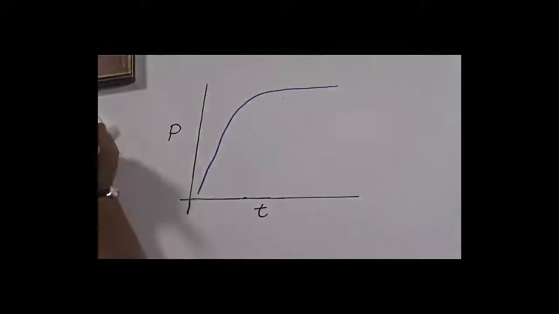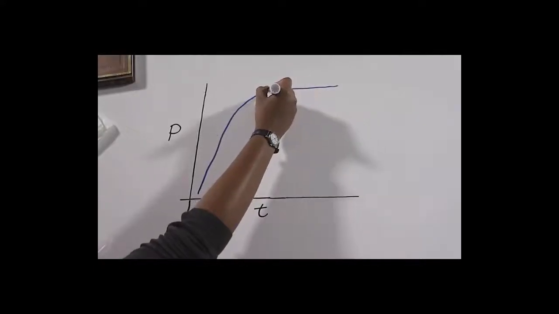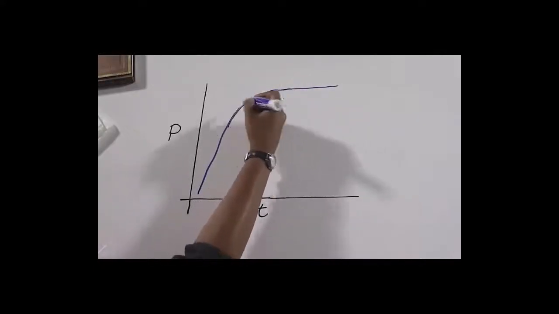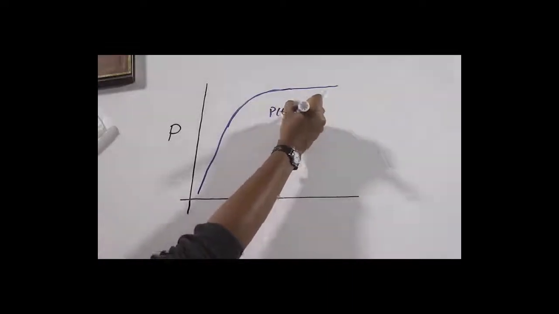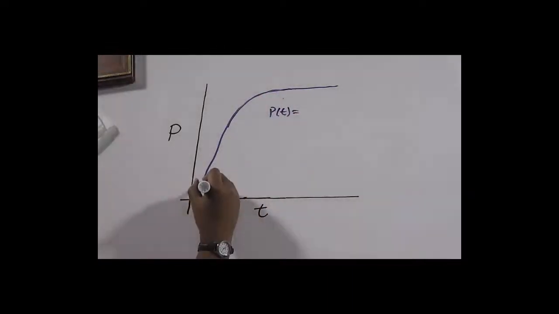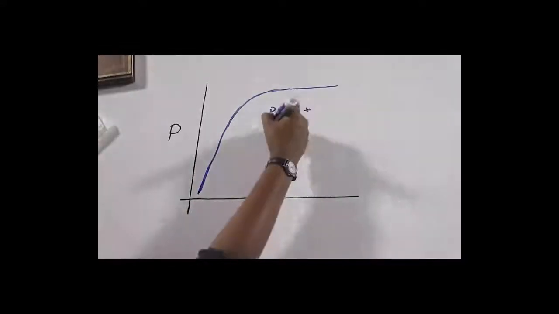It doesn't get much higher than that. So the part where the price is close to maxing out is right here. So P of t is an increasing function.